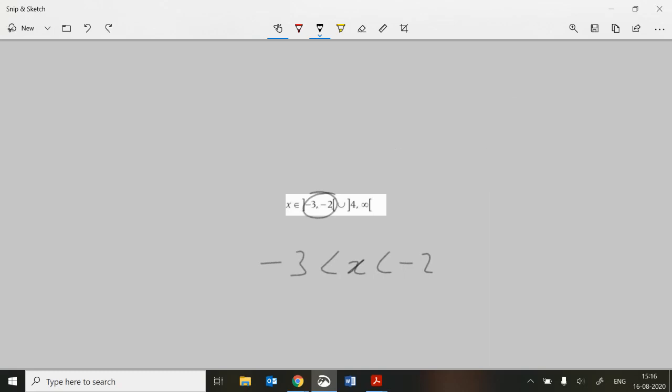And for the next one, we're saying or, not and, because it's a union, that x can be greater than 4, up to infinity, but it can't be equal to 4. So that's a perfectly fine way of coming up with your answers to this question.